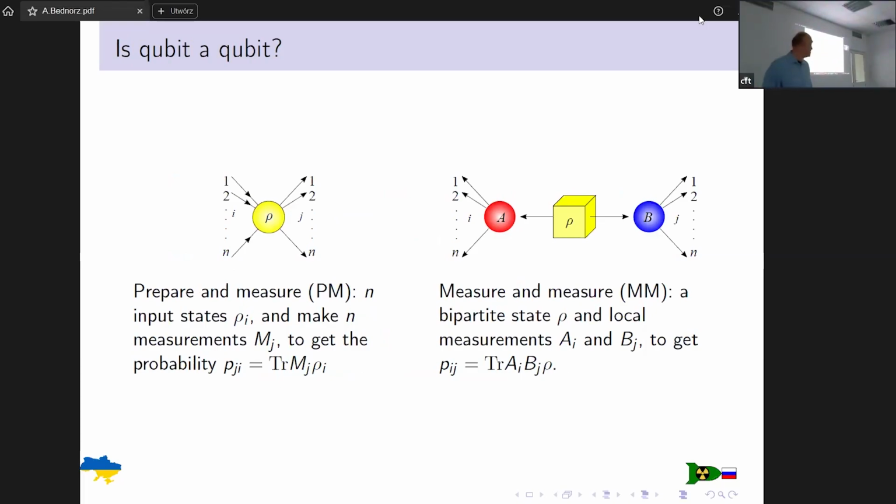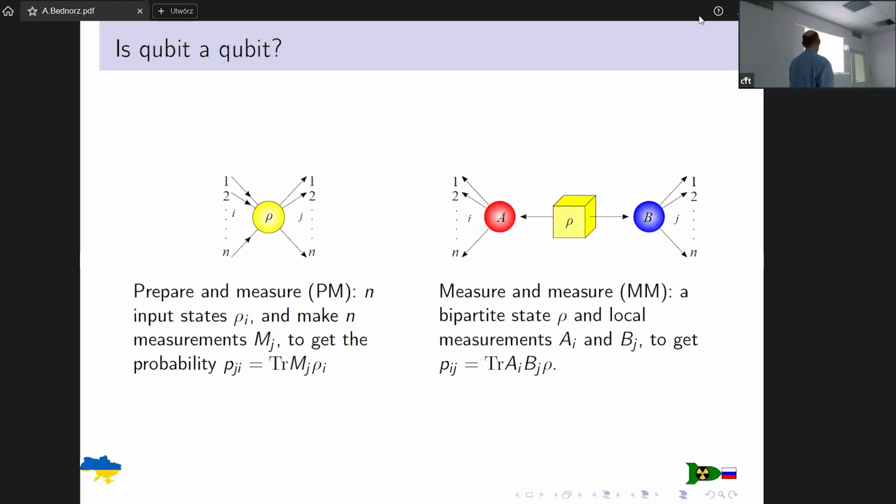Okay, like Hamlet said, is a qubit a qubit? How can we verify if we have a qubit? Like with this apple, is it a good apple or not? Is it a good qubit or not? So let's check it. To check a qubit, you have to make a kind of probe.